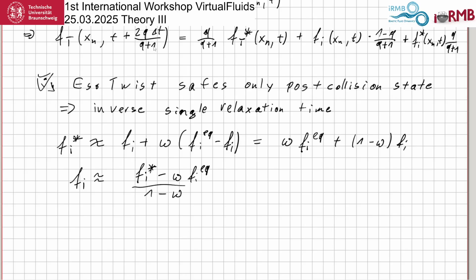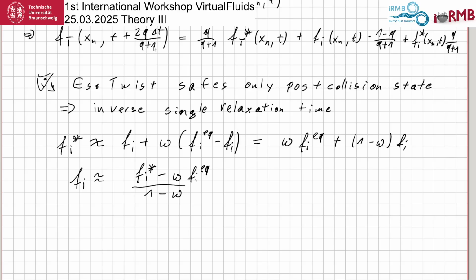And the reason why we get to this is that we get convergence in diffusive scaling only. And diffusive scaling means that the errors in time step are proportional to the grid spacing squared.